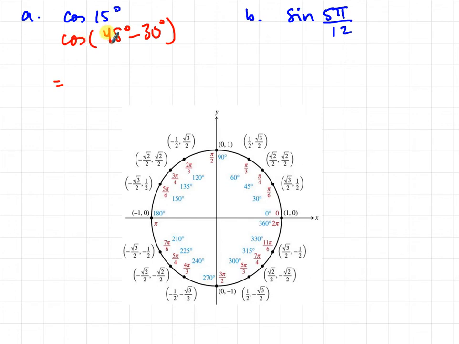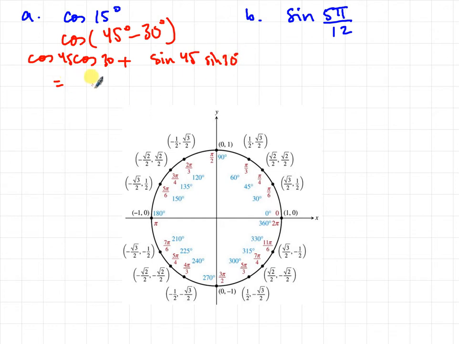And now you have cosine A minus B. Cosine A minus B is cosine A cosine B, plus, we change the sign here, plus sine A sine B. And you plug in 45, 30.